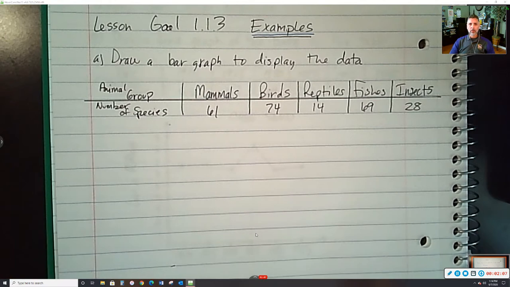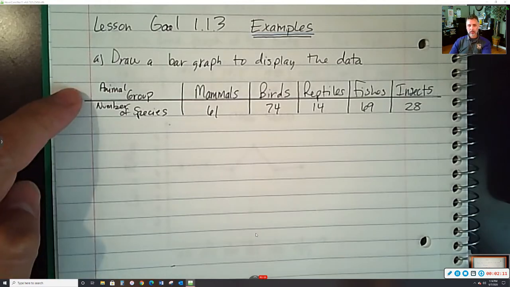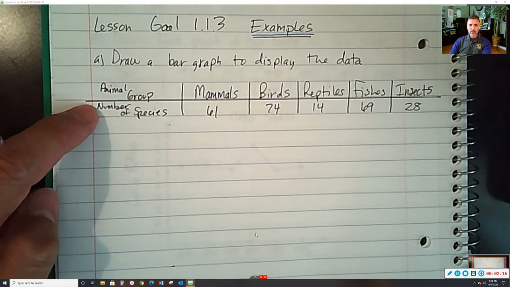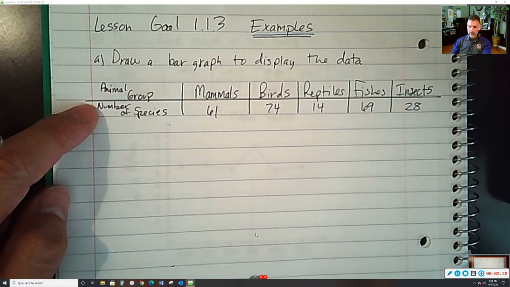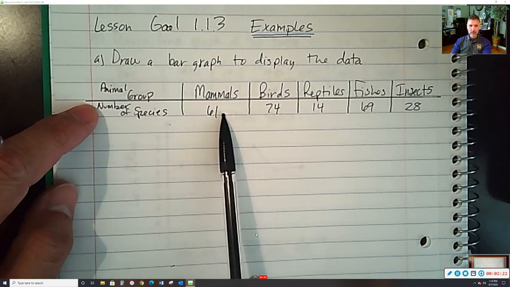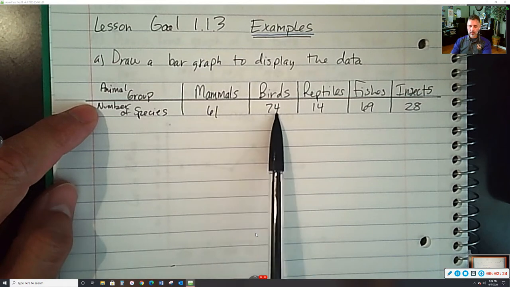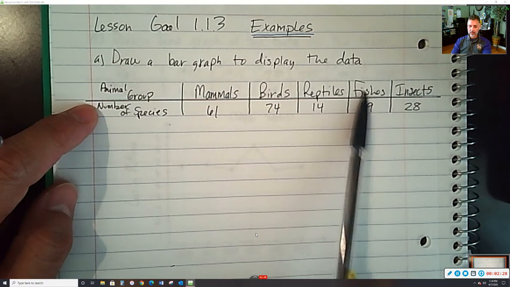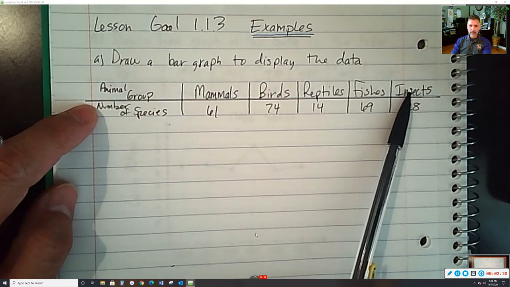So it says draw a bar graph to display the data that's here. So it looks like we have animal groups, and we have number of species, and then for the animal groups we have mammals, 61 of them, birds, 74, reptiles, 14, fishes, 69, and 28 insects.